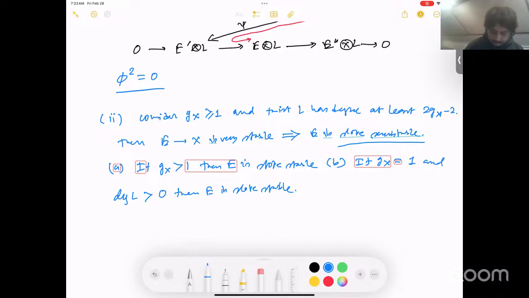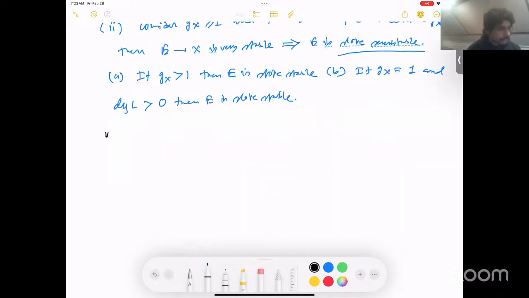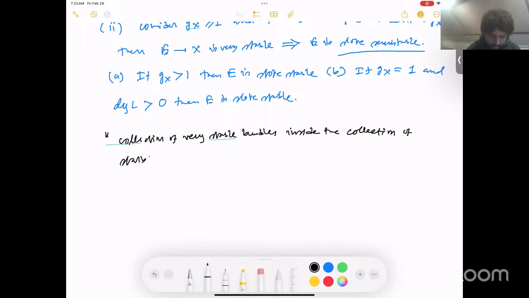Okay. So let me write it as our motivation that, with rank and degree fixed, this may be interesting for algebraic geometers.